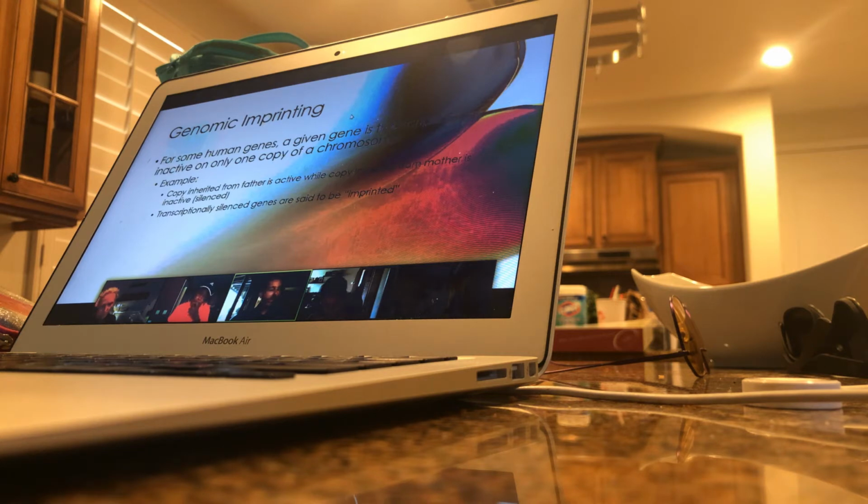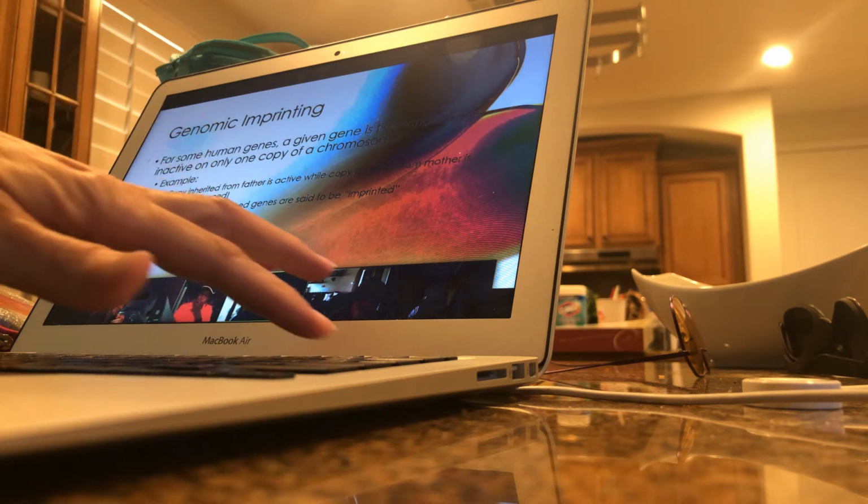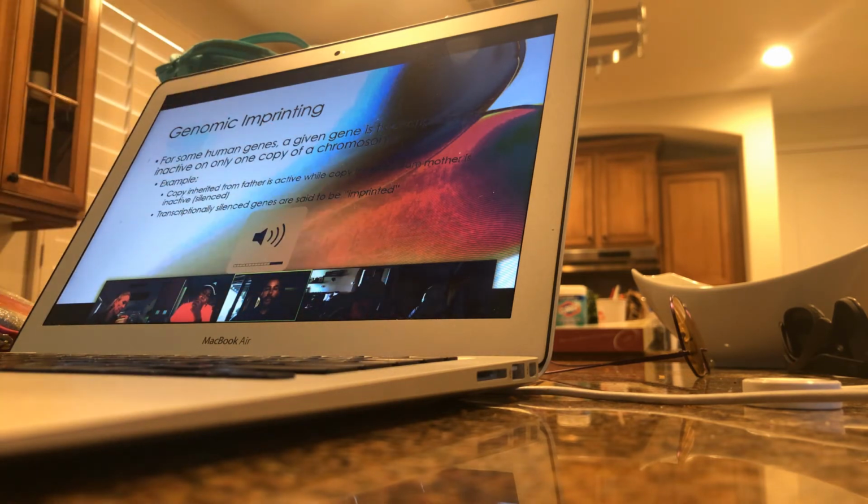All right, here's where I want you to pay a little bit more close attention: genomic imprinting. As far as the transcription process, this is something we would want to occur because we need DNA replication and so forth in order for us to exhibit certain traits and inherit certain genes and traits.